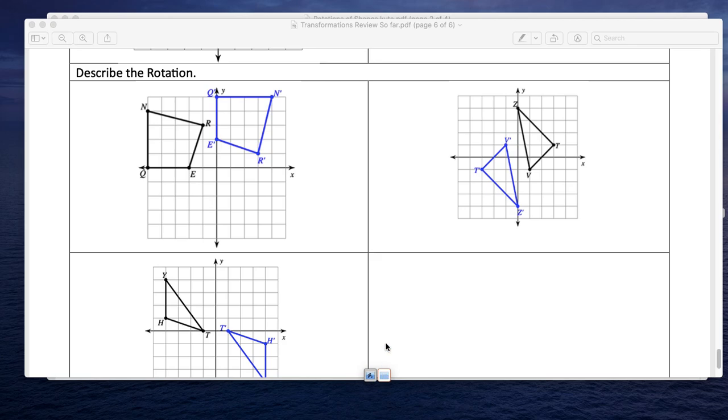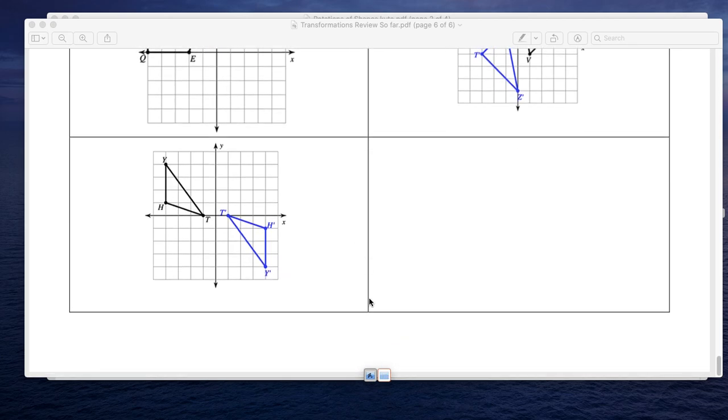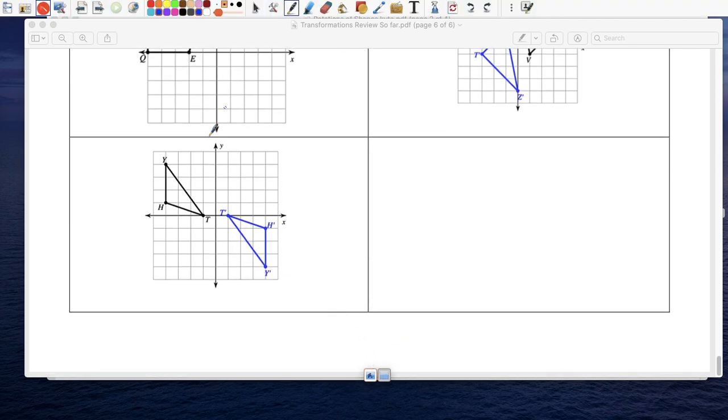What is this one? Again, pick a point. I would pick Y and Y prime. Y is in quadrant 2. Y prime is in quadrant 4.